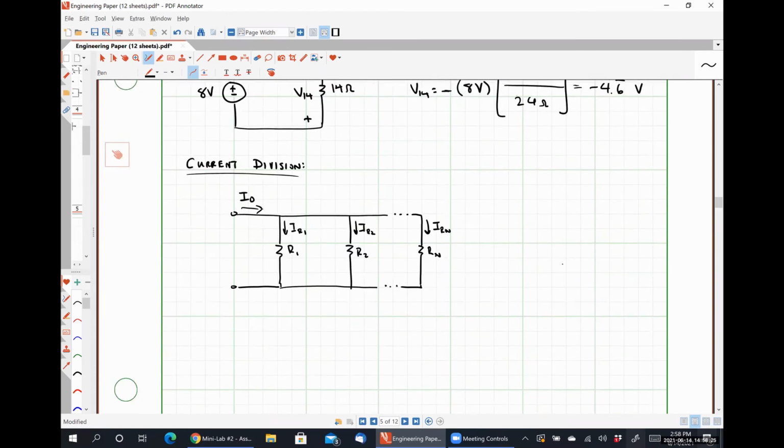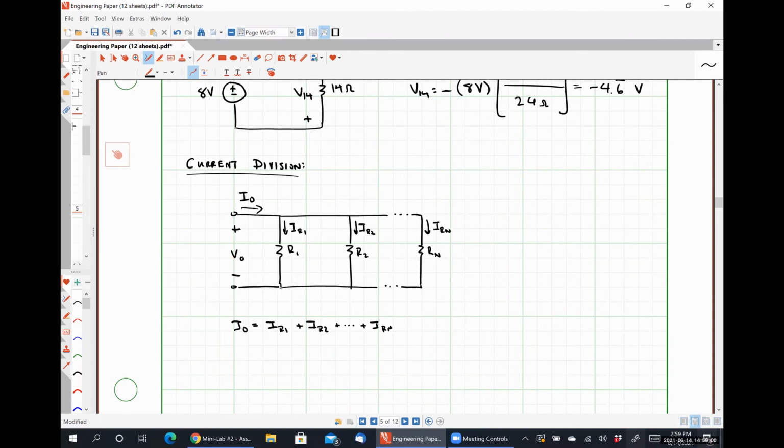Well, if I apply Kirchhoff's current law, I can see that I naught is equal to IR1 plus IR2 plus IRN. Since all of these elements are in parallel, they share a common voltage. I'm going to call it V naught, like so, where the individual resistor currents are flowing into the positive polarity terminal of the voltage.